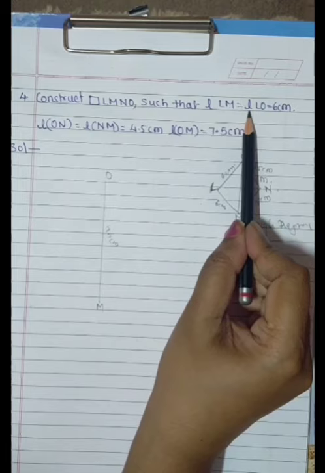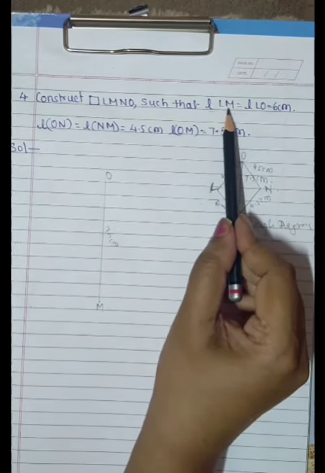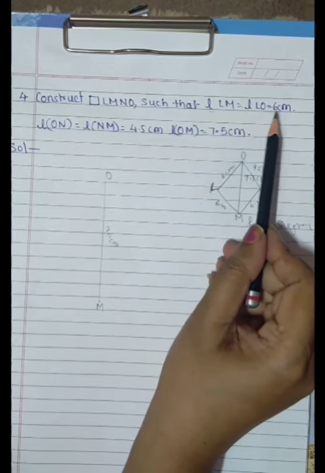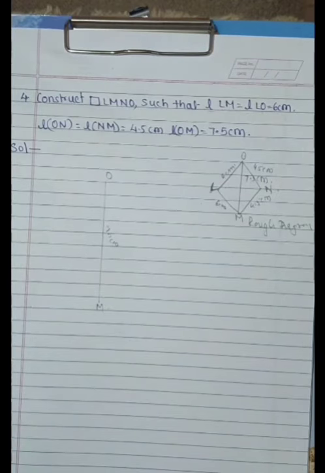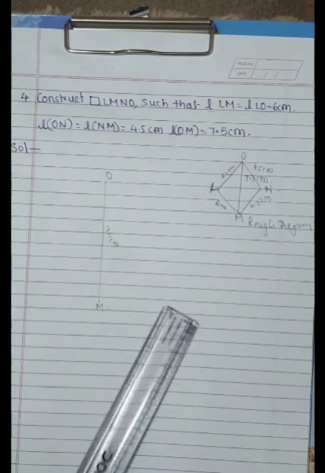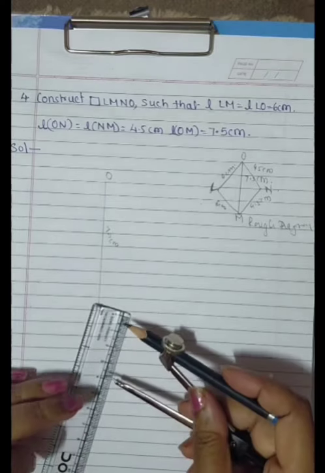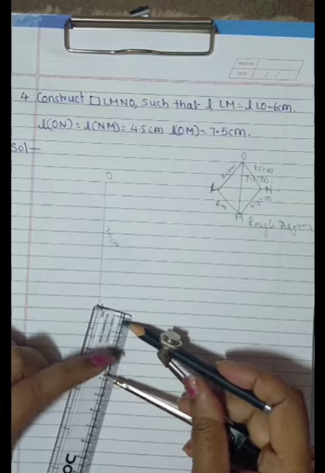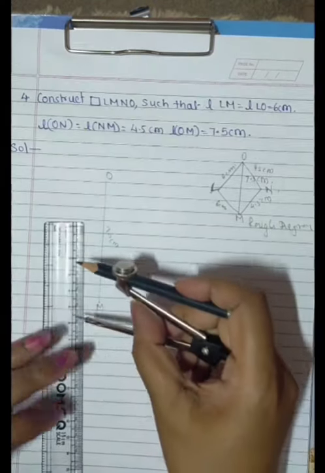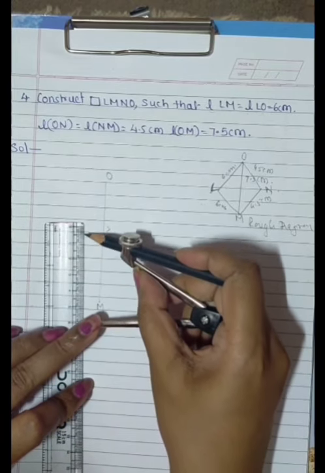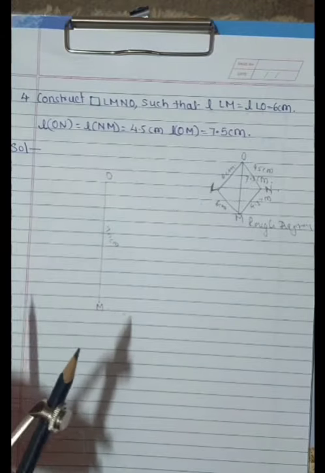LM equal to LO equal to 6 centimeter. So we'll take 6 centimeter here with the help of compass. Okay, this is our 6 centimeter.